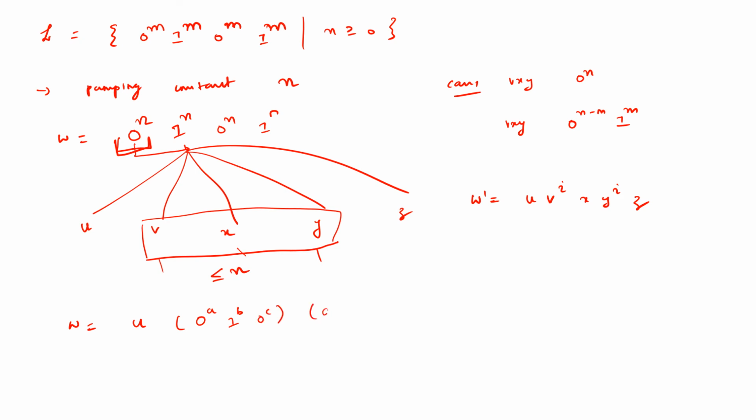And x can be represented as again 0 power a, 1 power b, 0 power c. And y is again 0 power a, 1 power b, 0 power c. And z is anything that we don't care.